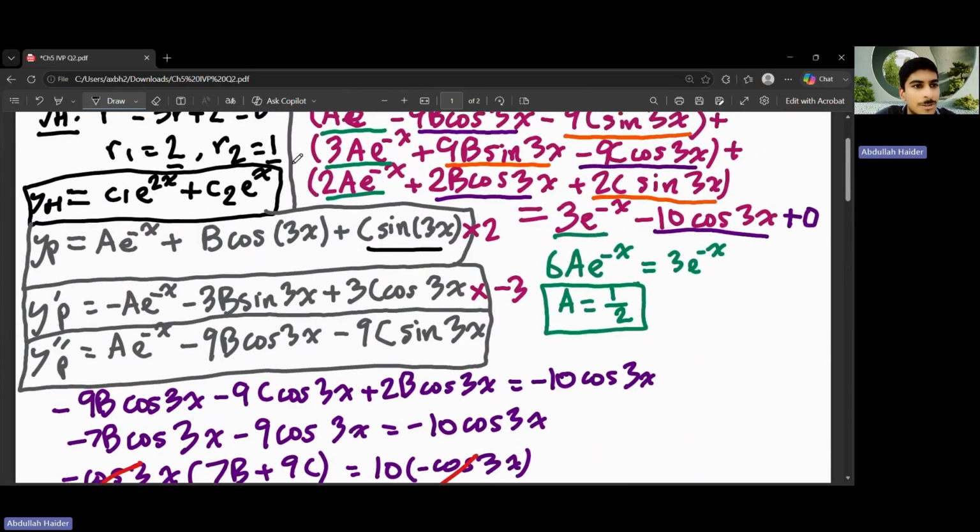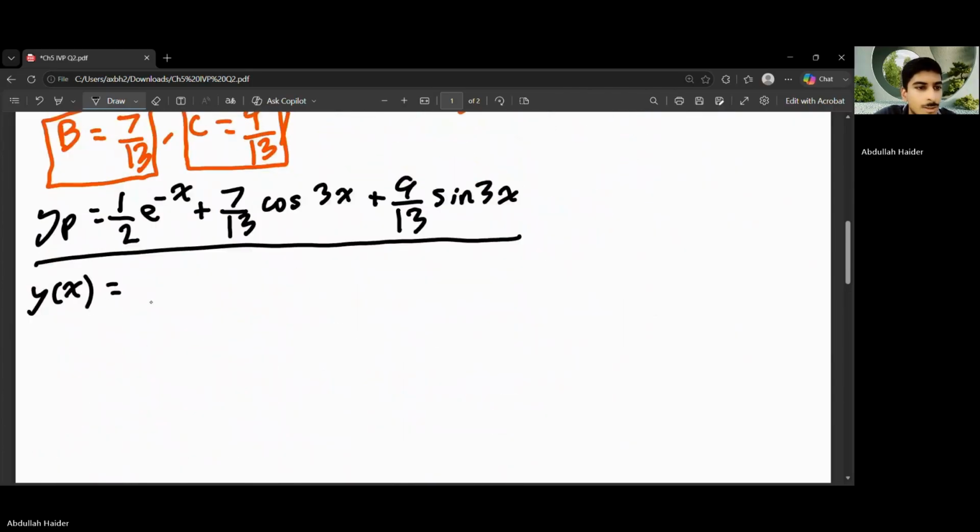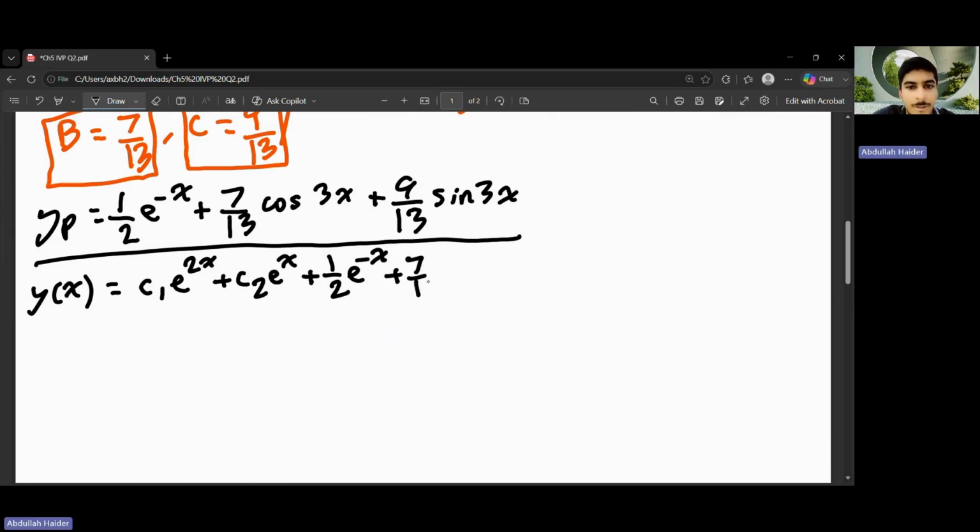So the homogeneous solution was C1 e power 2x plus C2 e power x plus half e power minus x plus 7 over 13 cosine 3x plus 9 over 13 sine 3x. This is your whole equation. The first two terms are your homogeneous, and your last three terms are the particular.